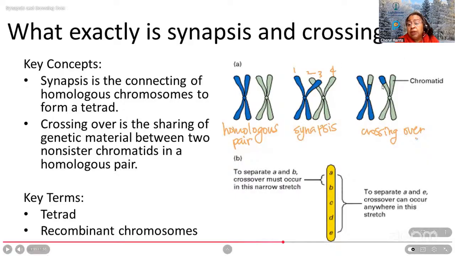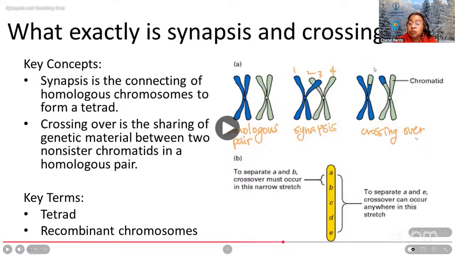Okay, over here on the end, notice they kind of do a little twisty dance, and then a piece of the green one is now on the blue one, and a piece of the blue one is now on the green one. So that is the crossing over part. So when these split up into 4, you're going to have one that's totally blue.